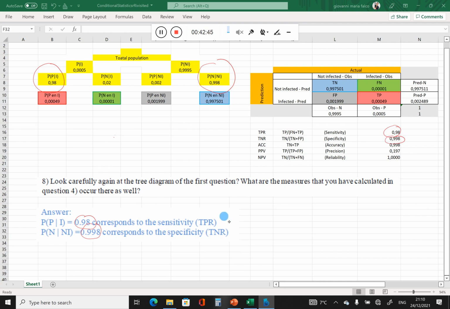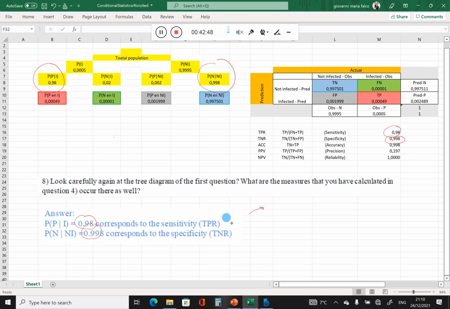This follows also from the definition of the formula of Bayes, because the probability to be predicted positive given that you are infected is given by the probability to be positive and infected divided by the total probability to be infected, which is just true positives divided by false negatives plus true positives, which is the total observed positive probability.